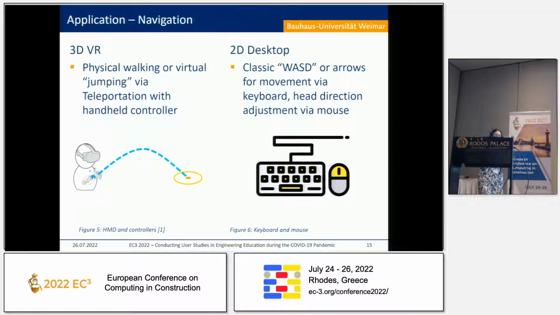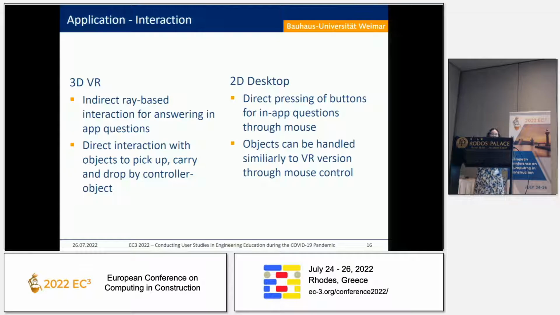Two things that we need to take care of in the application are the navigation. Many of you also know that in VR we teleport, we jump with our controllers. At home, in games and so on, we can use our keyboard and mouse. So that had to be mapped.